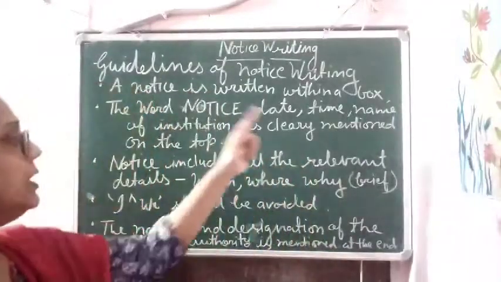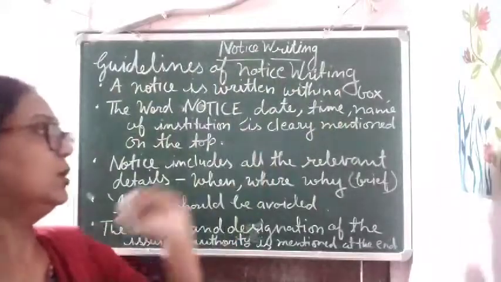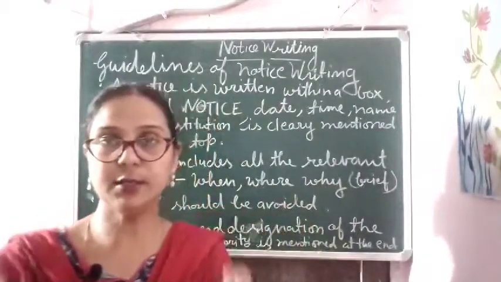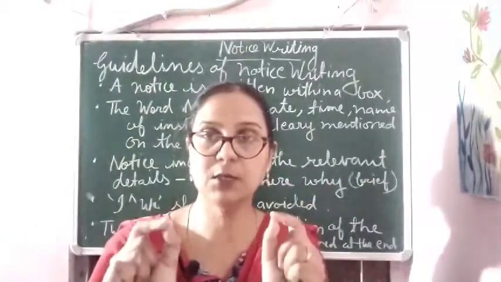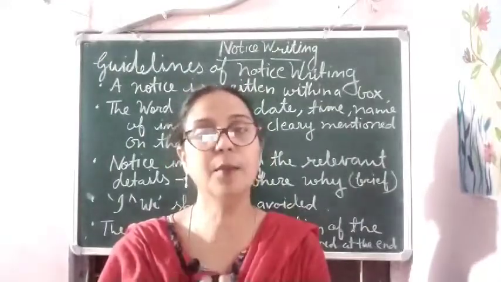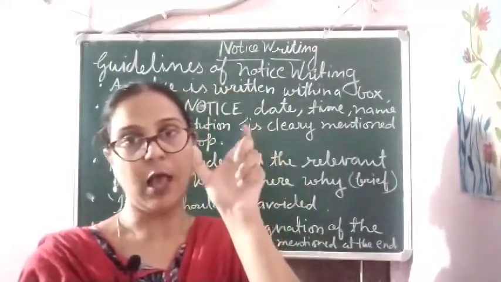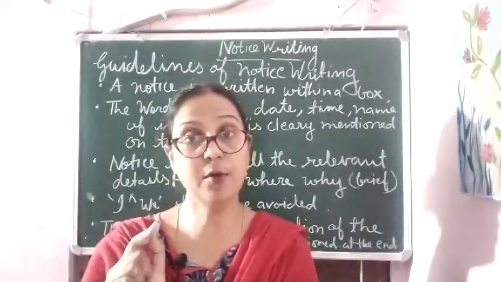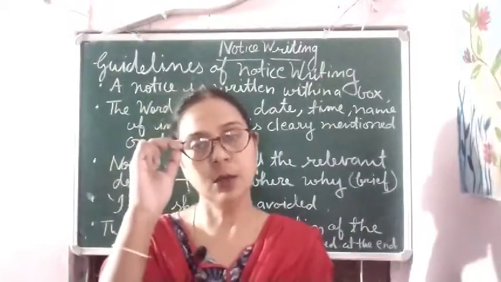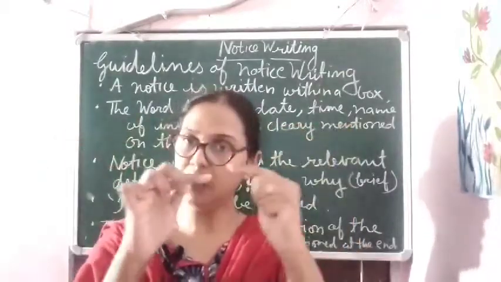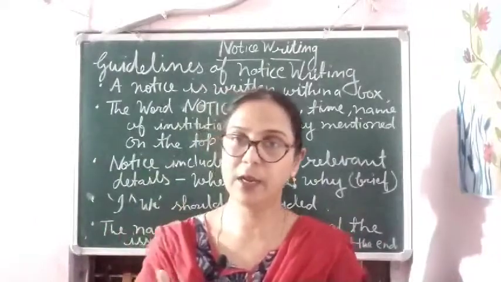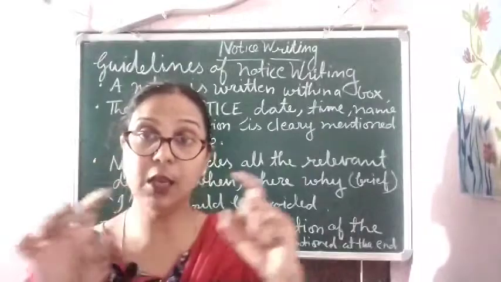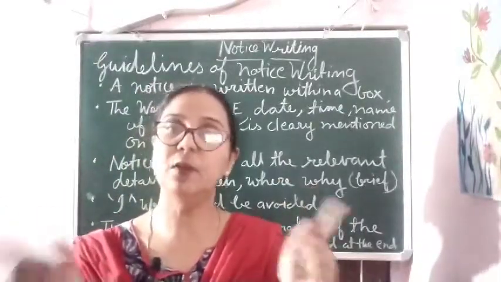Now after that, the date, time and name of the institution are clearly mentioned. If you are writing a notice, you have to be very clear about which institution or organization is releasing this notice. So after writing notice, the name of your institution or organization which is releasing it should be there in a very clear way, and the date and the time will always be there.